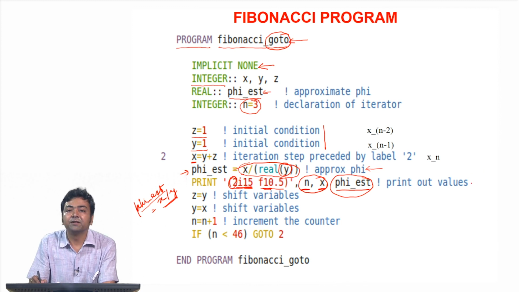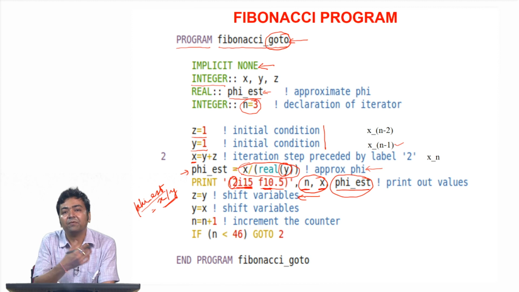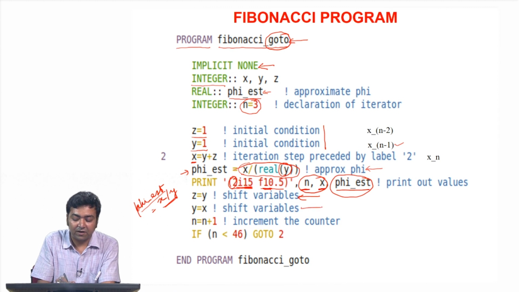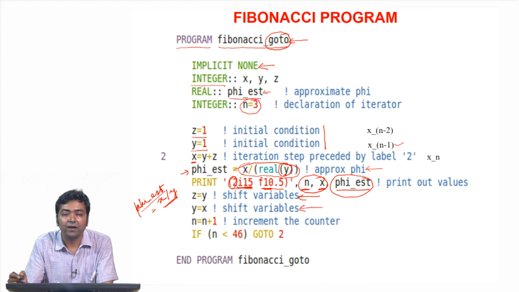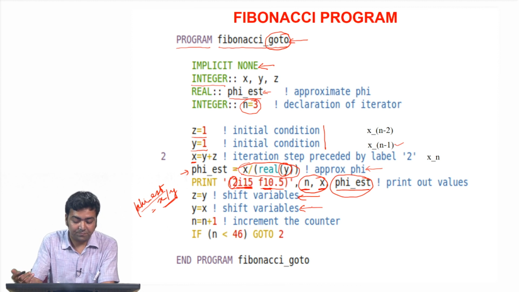Once I have printed this value on the screen, now I need to reset my variables. What was earlier y, that is x n minus 1, will now become x n minus 2, and I need to store it in z. So, in this line, what I am doing is reassigning the value of y to the variable z, and in a similar fashion I am also reassigning the value of x to the variable y.